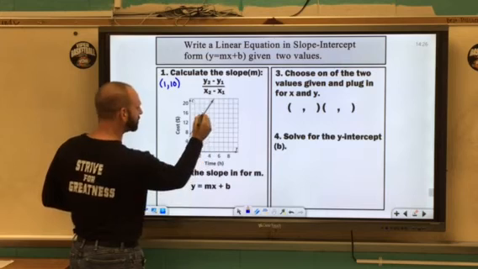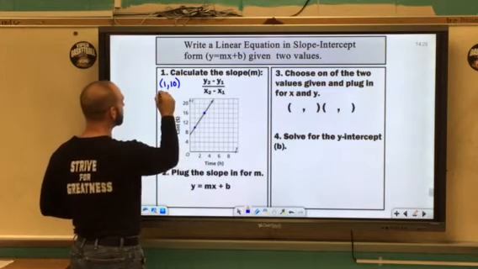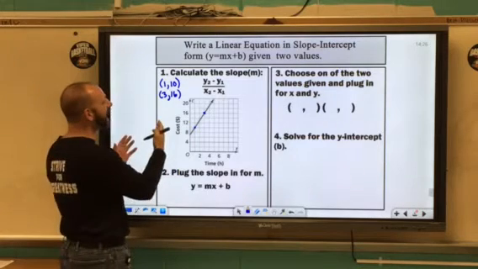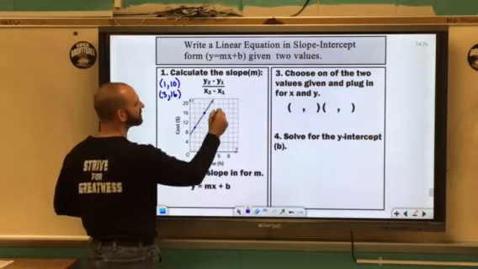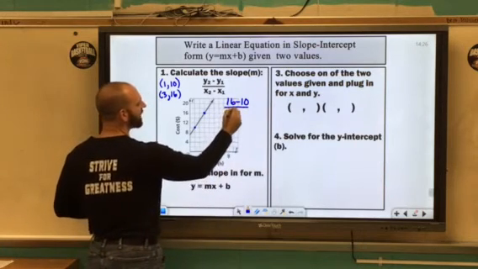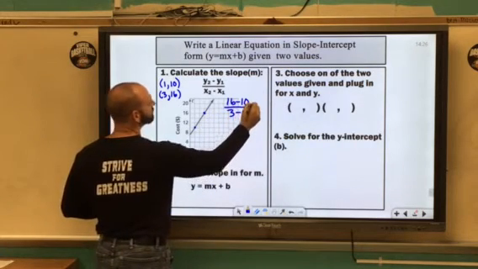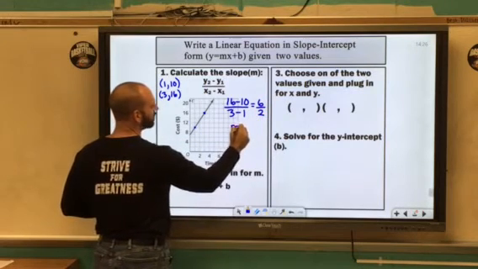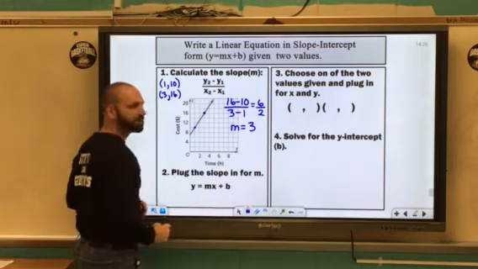And then another good point to choose would be right here. This is going to be 3, 16. And so now that I have my 2 points, I can calculate my slope by subtracting my y's and then subtracting my x's. It's going to give me 6/2. So my slope is going to be 3.